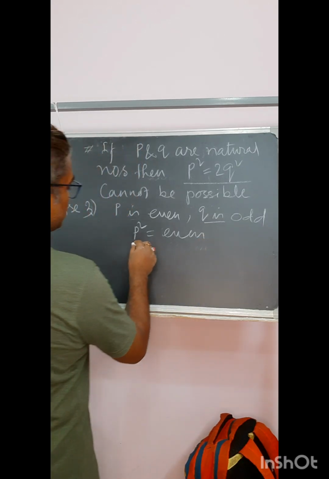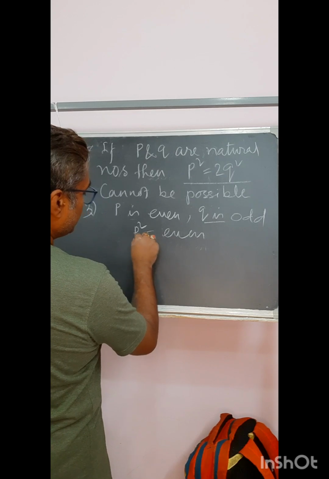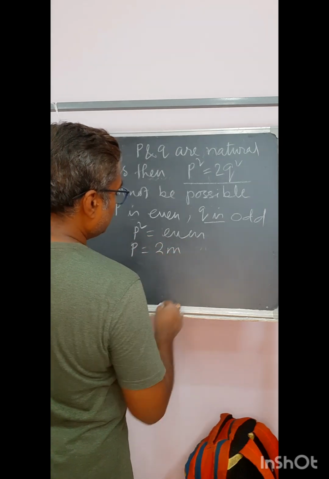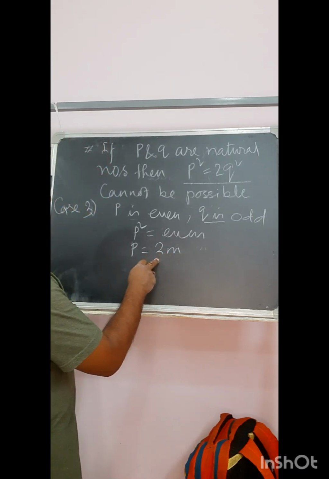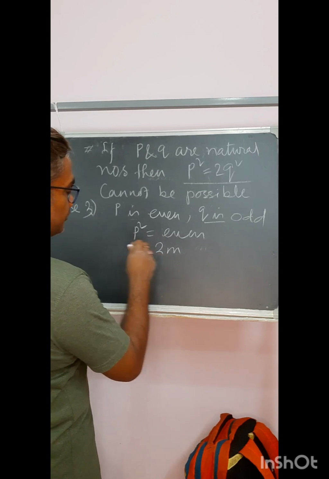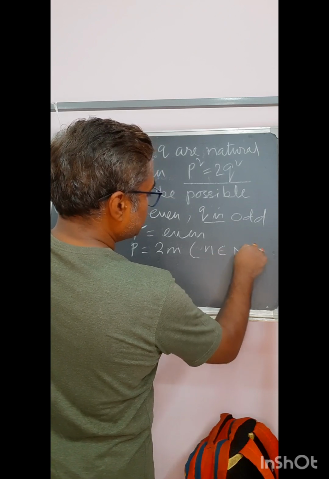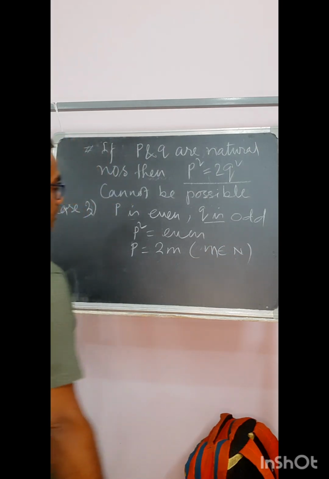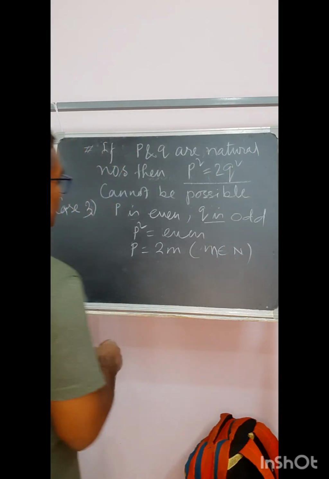Now as P is even, it can be represented as 2 times any natural number m, because 2 will definitely be a factor as it is even. So m is a natural number, and this will represent P.